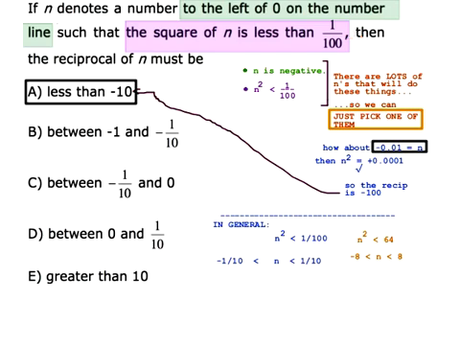If you think about this on a number line, it might be a little bit easier. Here's your number line. When you talk about reciprocals, you have to imagine that the number line has a big hole in the middle at 0.